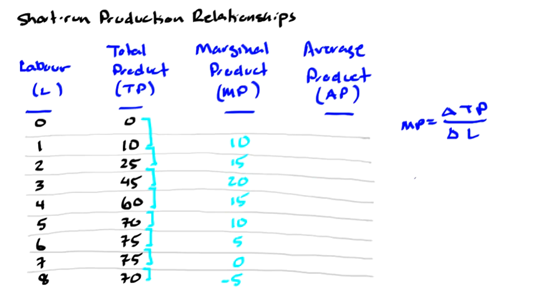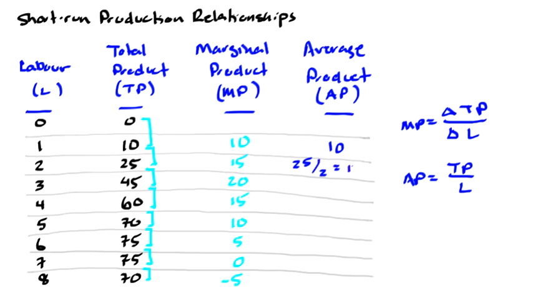Average product is your typical productivity measure. Average product, denoted by AP, is our total product divided by our total labor. So it gives us an average number of chairs per day. Our 1 worker produces 10 chairs, so that's 10 chairs per day. For our second worker, we have a total of 25, so we've got 25, our TP, divided by 2.